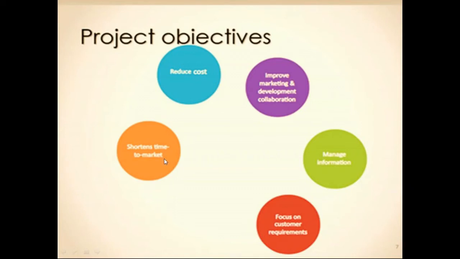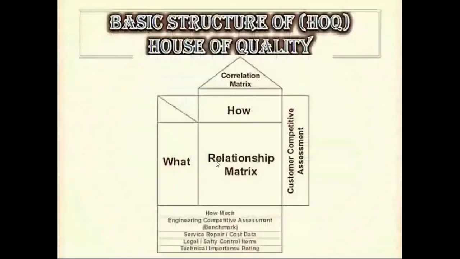That is, your product going to the market, this will help you shorten by bringing up the quality that is required as per the customer needs. So this is the basic structure of house of quality. This is the correlation matrix, and this is the general one, which we had already seen. I had just drawn it for the pizza.